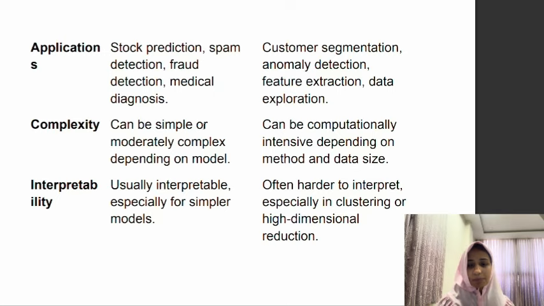Complexity can be simple or moderately complex depending on model, and can be computationally intensive depending on the method and data size. Usually interpretable, especially for simple models. So we can interpret it when we have small models, and often harder to interpret, especially in clustering or dimensionality reduction.